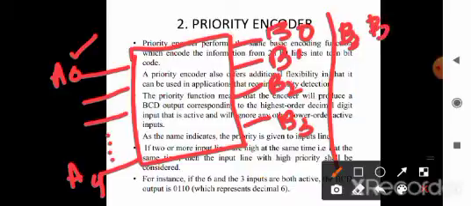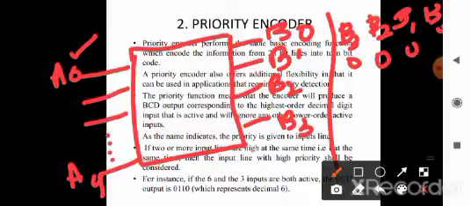B3, B2, B1, B0. Now what happens here is, if you give 0, then all the outputs will be 0. If A9 is high and all the other inputs are low, it's active high, then what will be the output?